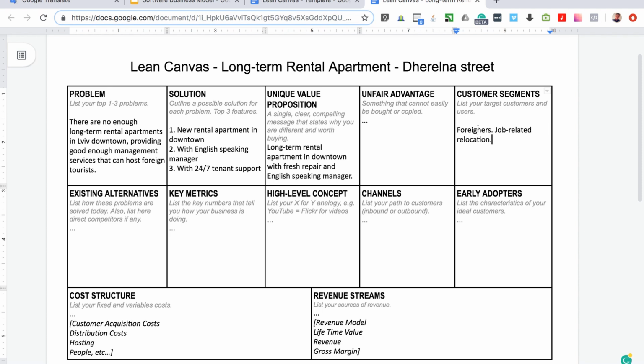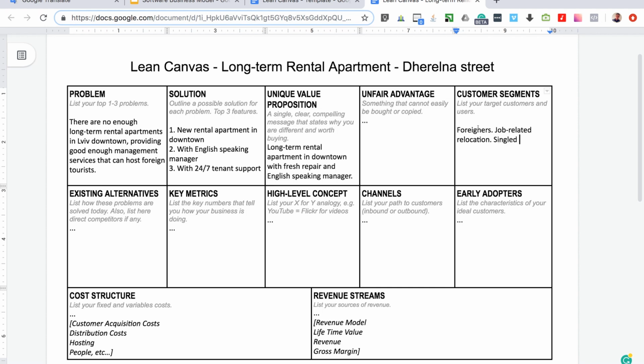Oh, typo. Okay, so also a friend of mine who owns a lot of rental apartments here in Lviv suggested I avoid families with kids and pets so that I would not spend too much money on regular maintenance. Thus, I ended up with the next segment of tenants for my apartments.